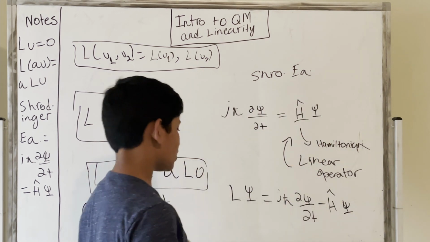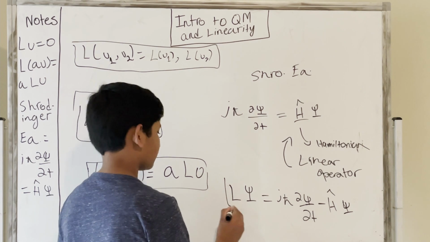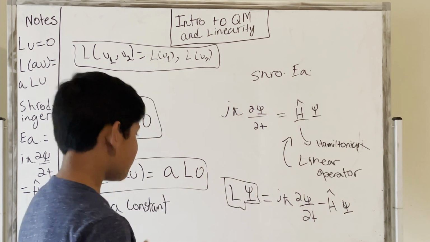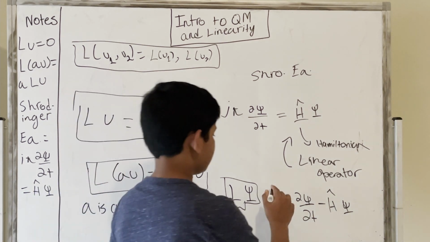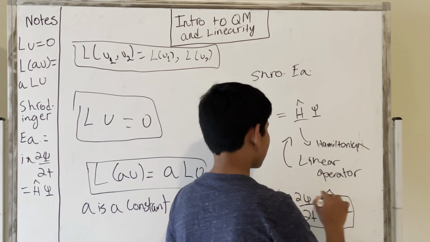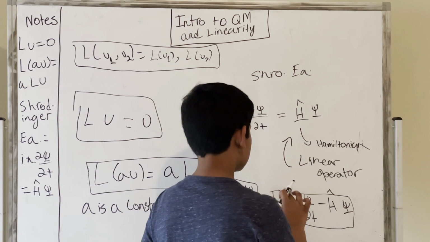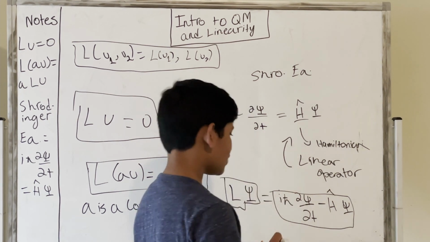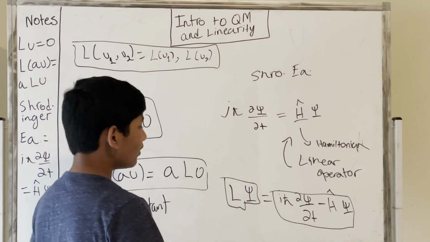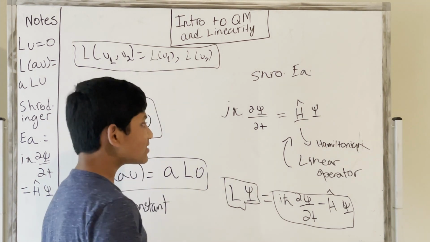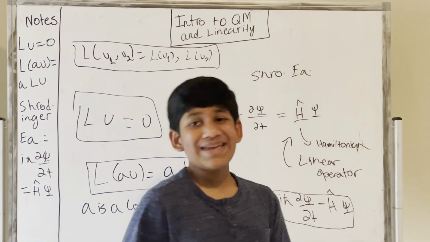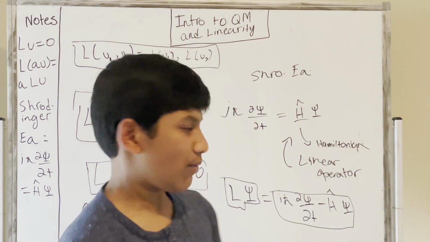So this will essentially be if we have just the linear operator and the dynamical variable. If we write it in this format, this is what we get. So someone asks you what's the linear format, you can just say, well, the linear format is essentially this. And we already know that this linear format works, and we know that the Hamiltonian is a linear operator, so we can state that the Schrodinger equation is a linear equation.